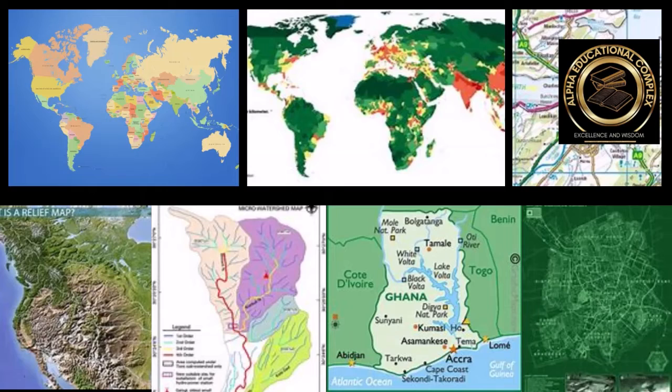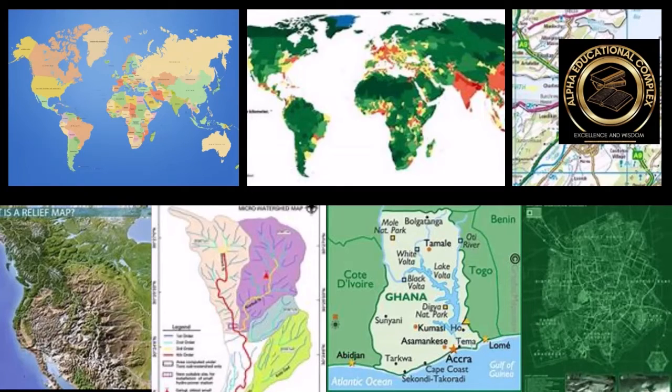Maps can show distribution of things over the Earth's surface, such as settlement patterns. They can show exact locations of houses and streets in a city neighborhood. So, when we talk of maps, these are some of the things we can say about them.